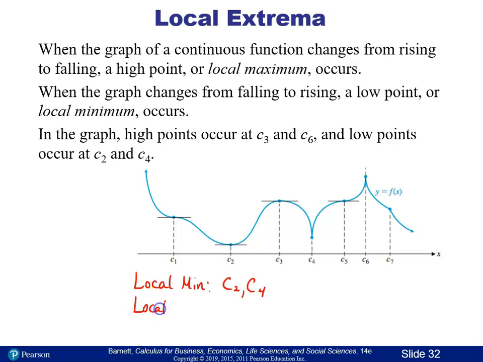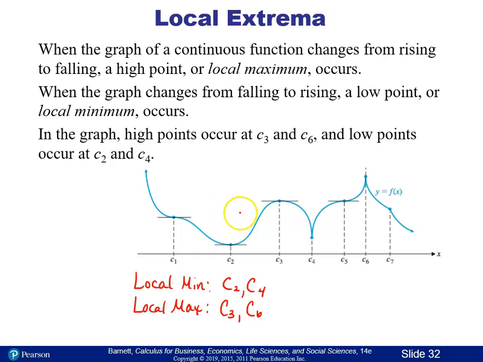We could have local maximums. Local maximums go from increasing to decreasing. So C sub 3 would be a local maximum. We'd also have a local maximum over here at C sub 6 because it would be increasing to decreasing.